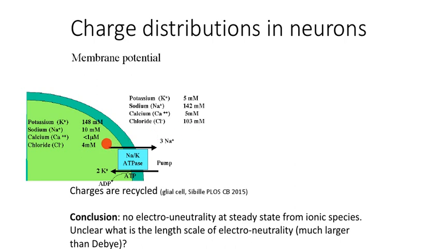There is a difference in ionic concentration between the inside of the cell and outside, in potassium, sodium, calcium and chloride. And if you compare those numbers, you see clearly that in terms of ion structure there is no electroneutrality.